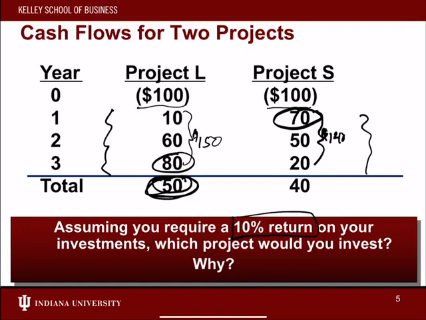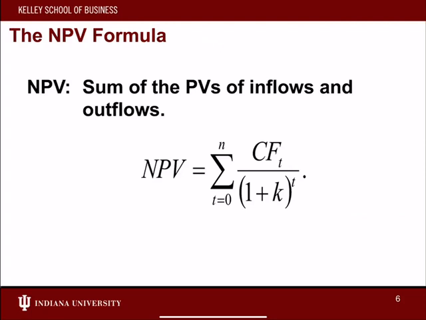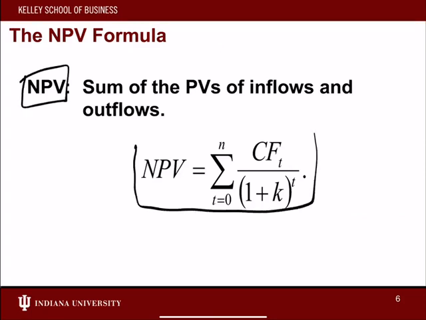rate of return, or just imagine our 10% is our WACC. If we require 10%, now we can do a quantitative analysis and figure out which of these projects is more desirable. So let's go ahead and do that. This is the net present value, and this is the actual formula for it.